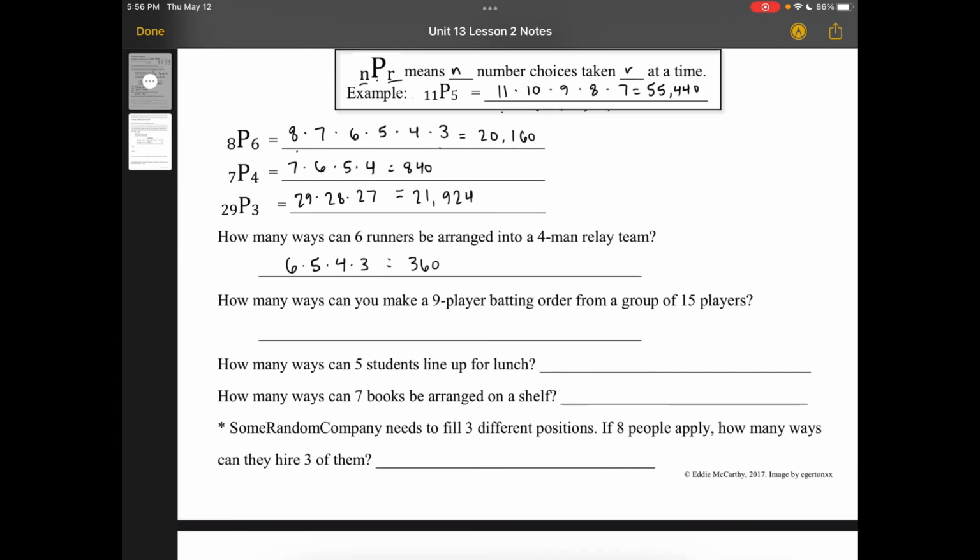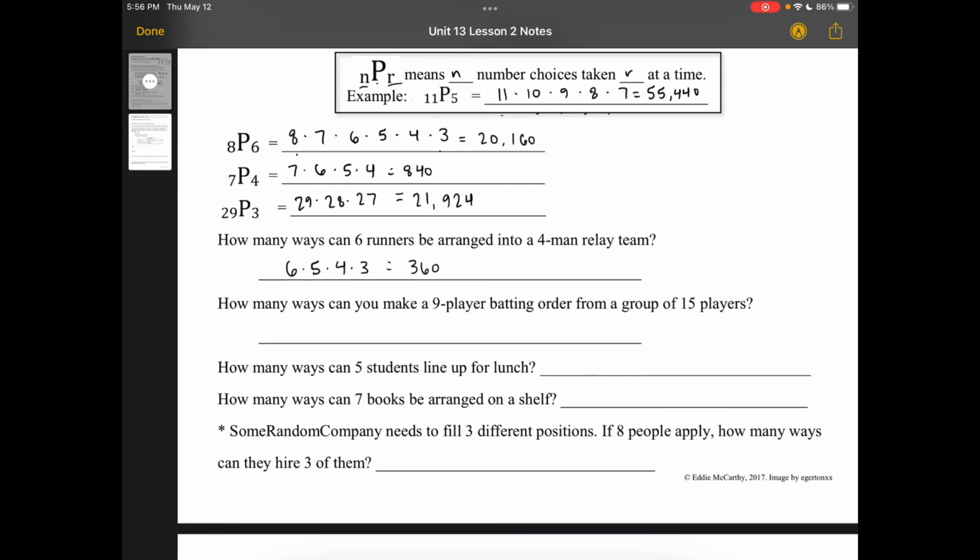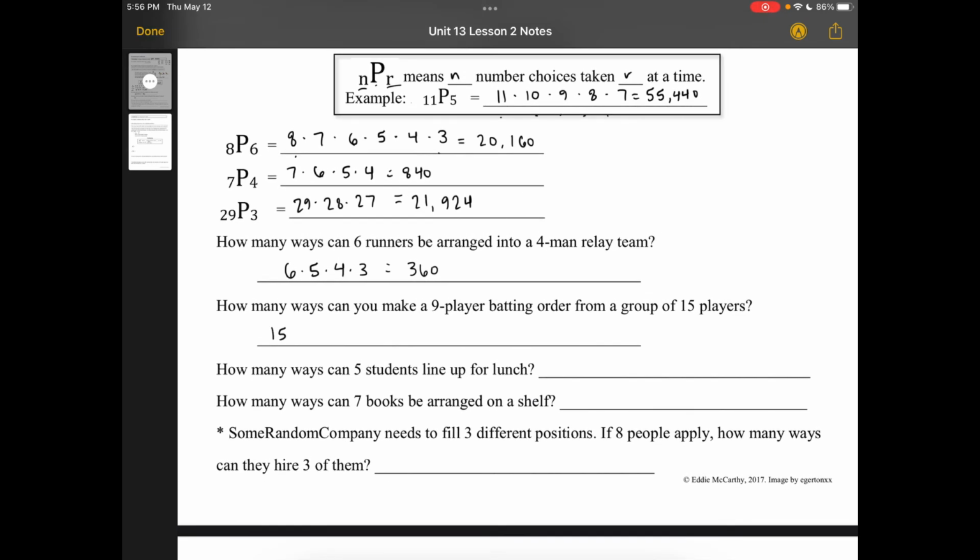So a 9-player batting order from 15 players. Batting order matters. So that's 15 times 14 times 13 times 12, 11, 10, 9, 8, 7. That's 9 numbers.